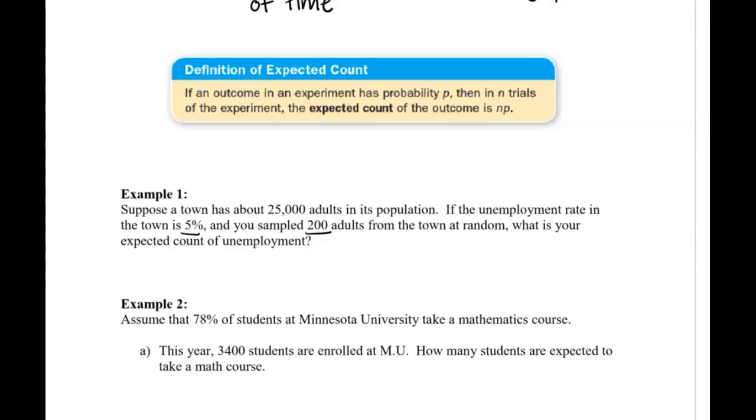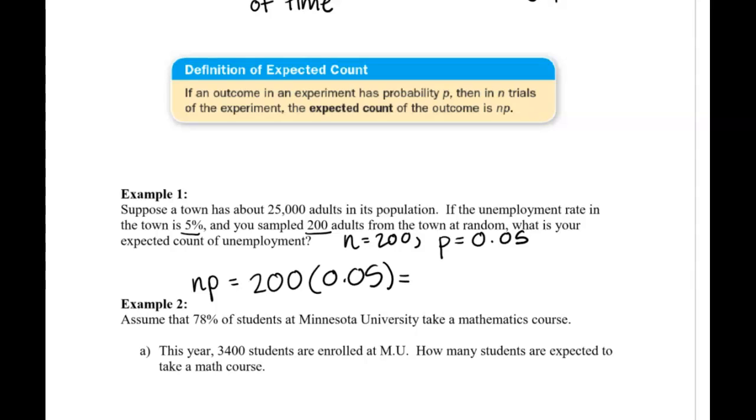What is your expected count? Well, in this case, your n equals 200, and your probability is 5%, or 0.05. So your expected count of unemployment would be NP equals 200 times 0.05, which is 10.